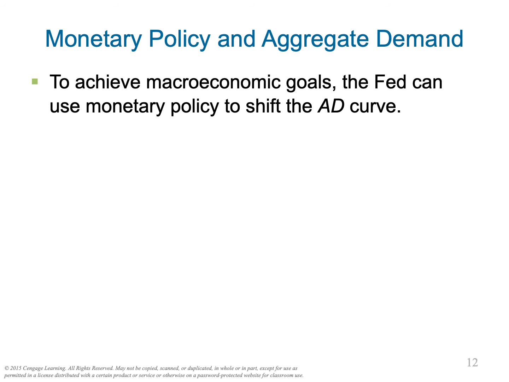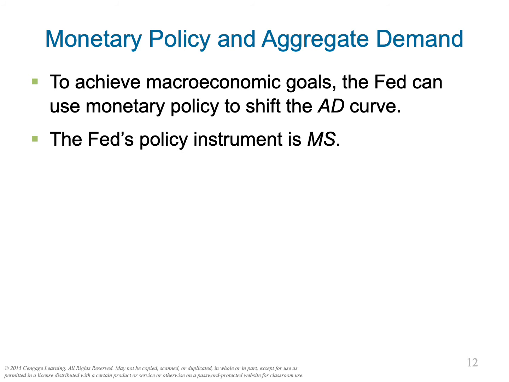Okay, so if the Fed wants to achieve some certain macroeconomic goal, it can use monetary policy to shift the aggregate demand curve through the interest rate effect. Okay, so in this case, the Fed's policy instrument, the thing that it can move, or sometimes called the policy lever, the lever that it can pull is the money supply. It can change the money supply to affect the economy through the interest rate effect.